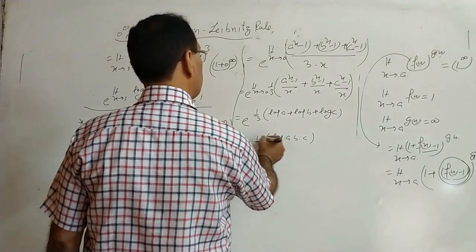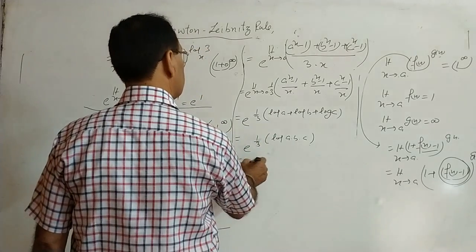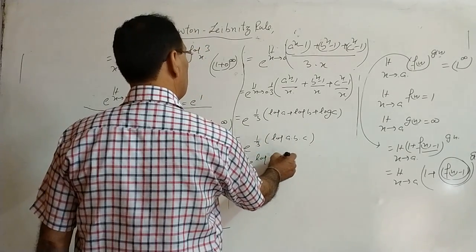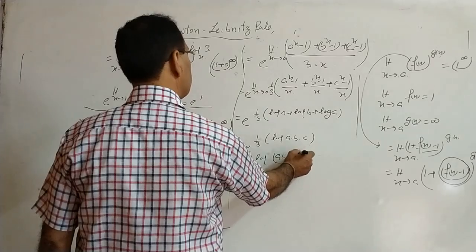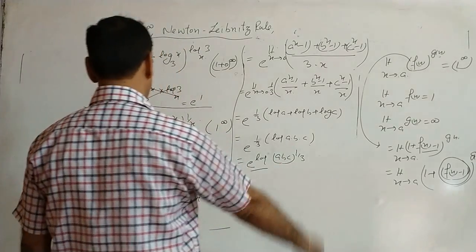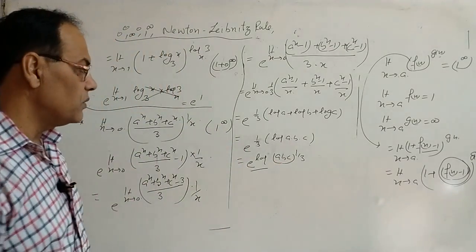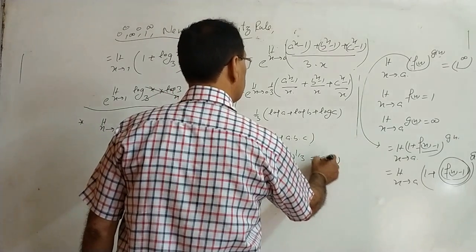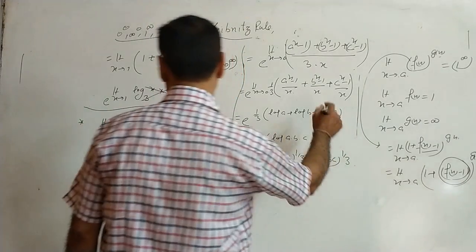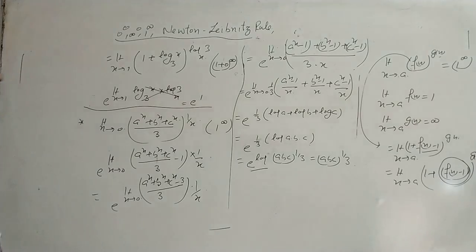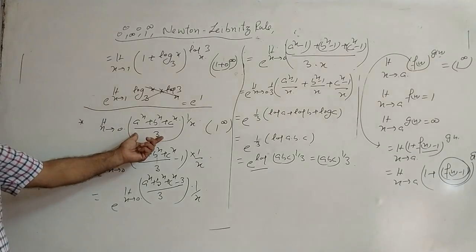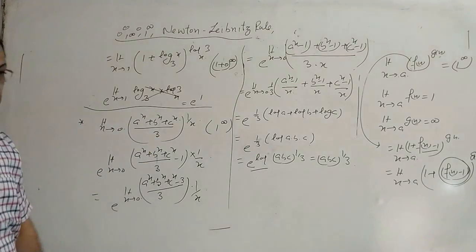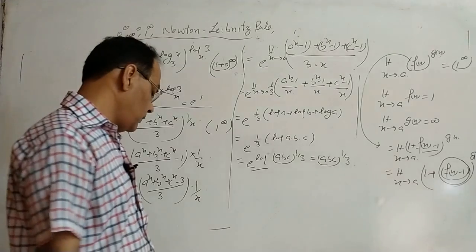Now you may write this as the power of this, so e raised to power log abc, then its power is 1/3, but e raised to power log becomes 1 because base is also e, so this is abc raised to power 1/3. So this will be the answer for this type of question.